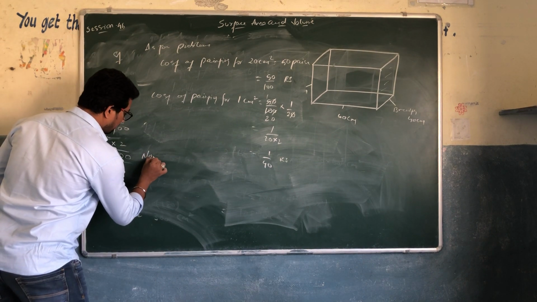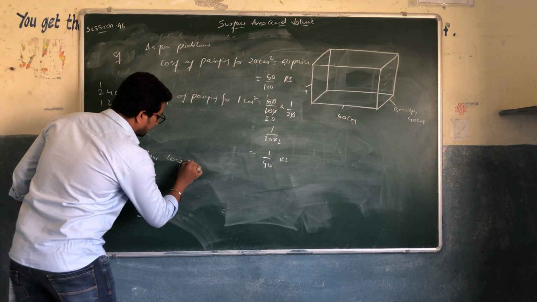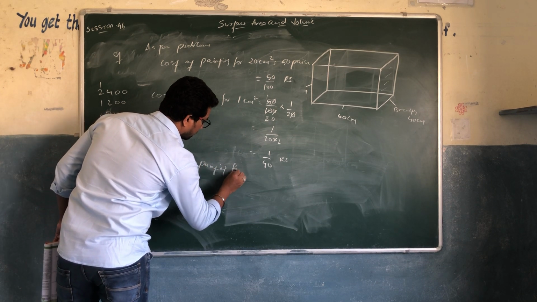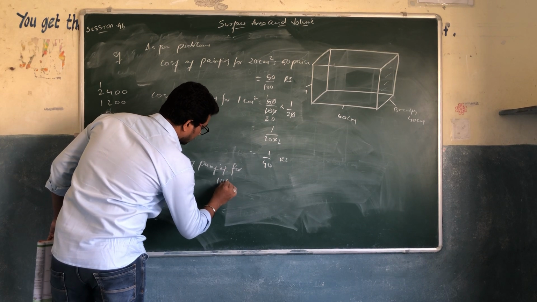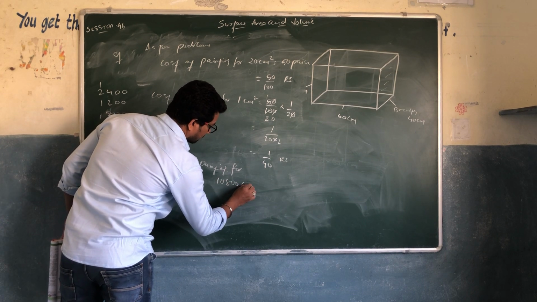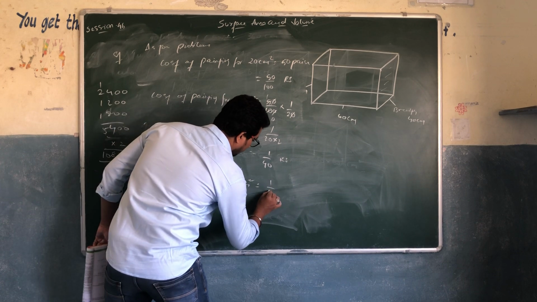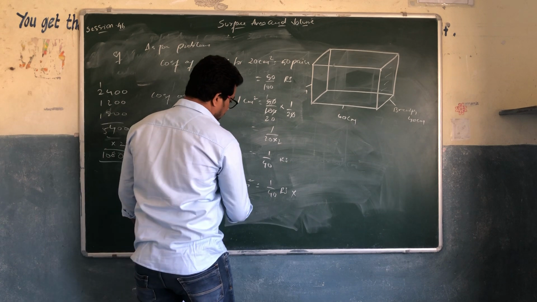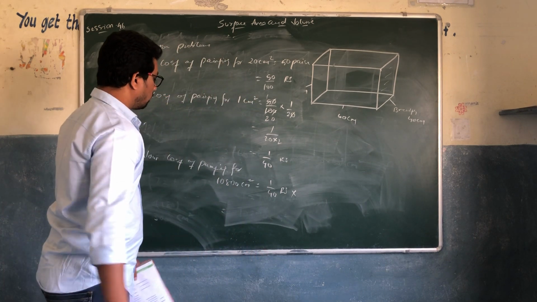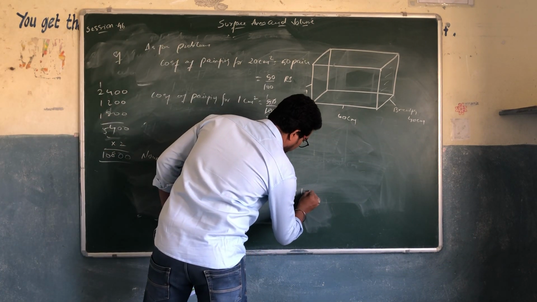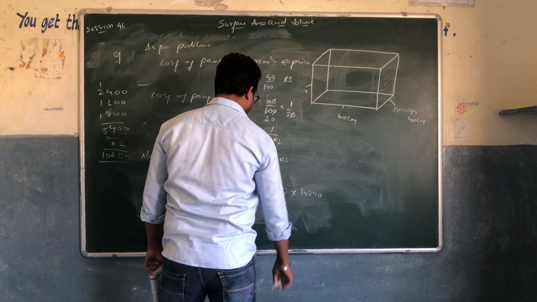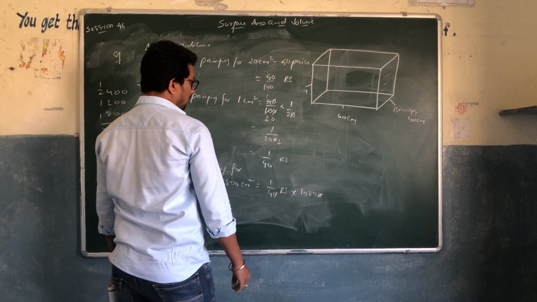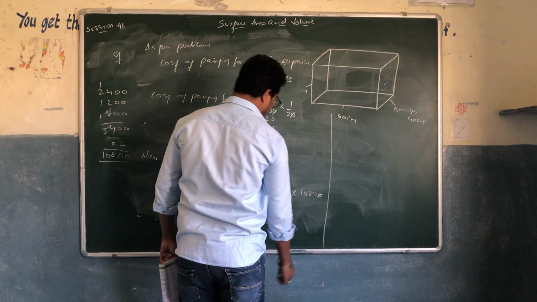Now cost of painting for 10,800 centimeter square is equal to 1 by 40 rupees into 10,800. This 0, I am making it cancel. Now what am I getting?